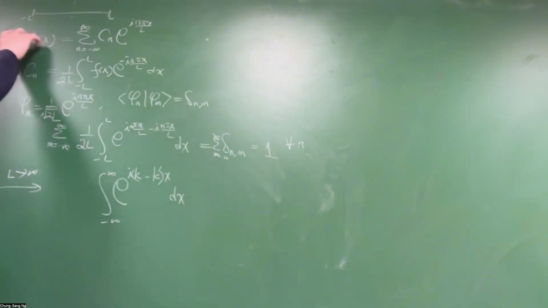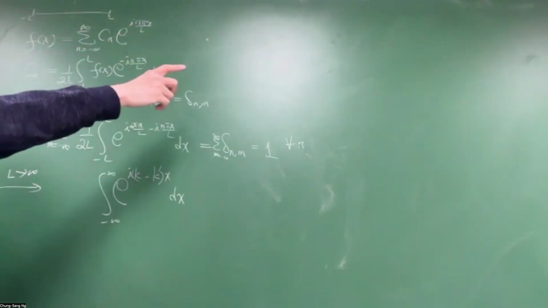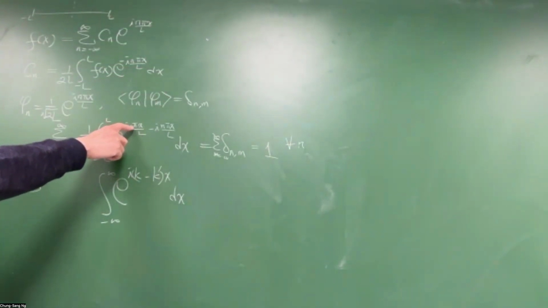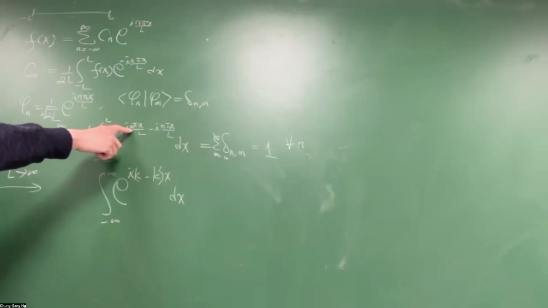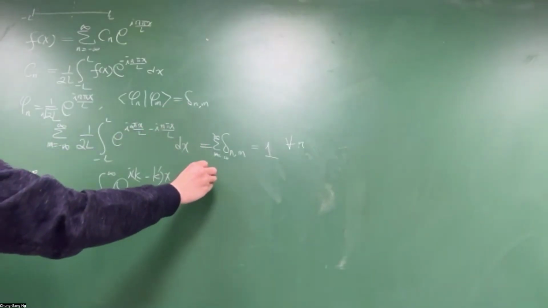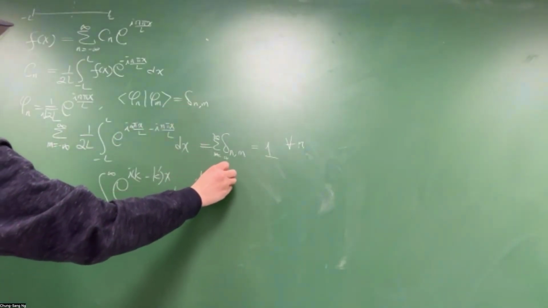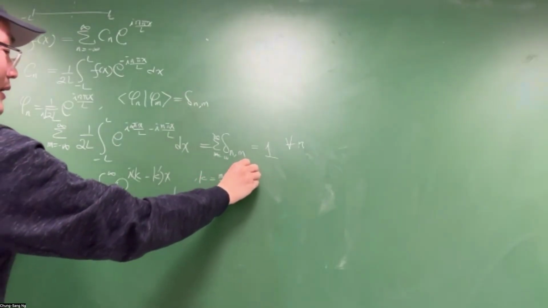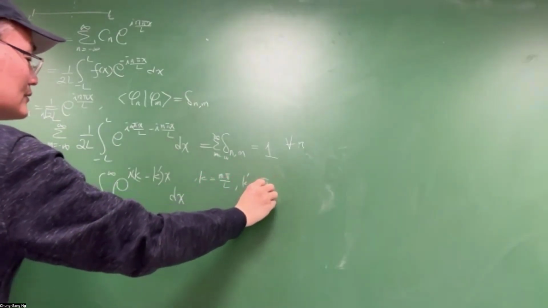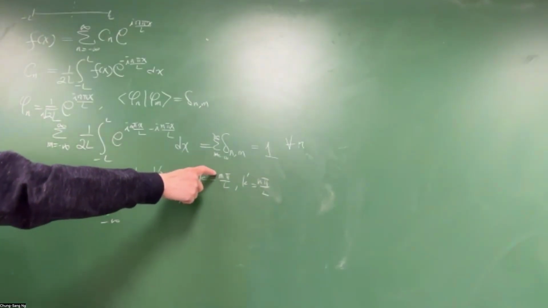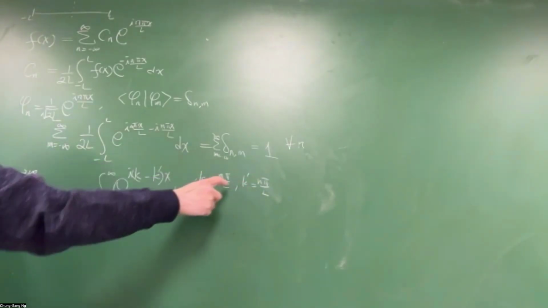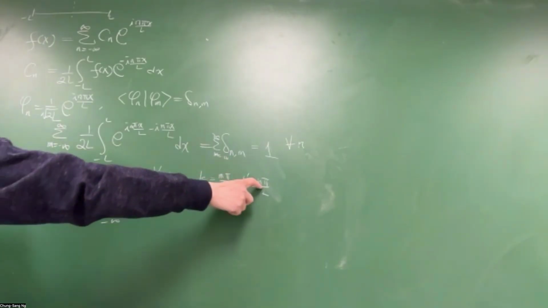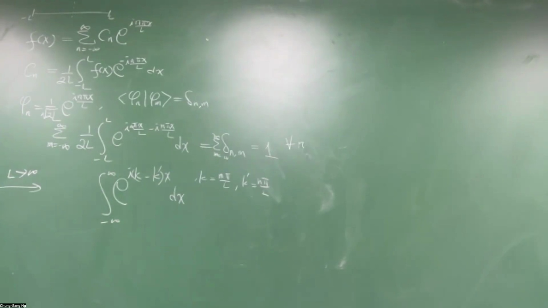This sum, because we integrate over the whole range, L is large, it means that for any finite k, we must have m also go to infinity to have a finite k, because k prime is n times pi over L. For infinite L, for any finite k or k prime, you must have this integer n go to infinity. It also means that when you do the sum it is infinitely dense, right?